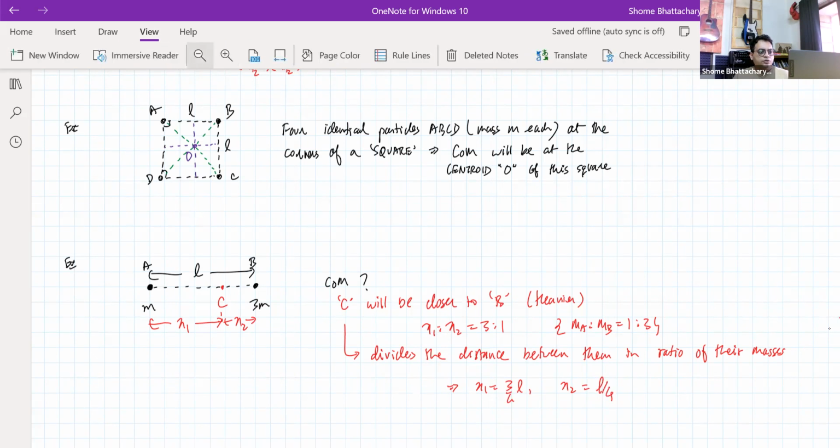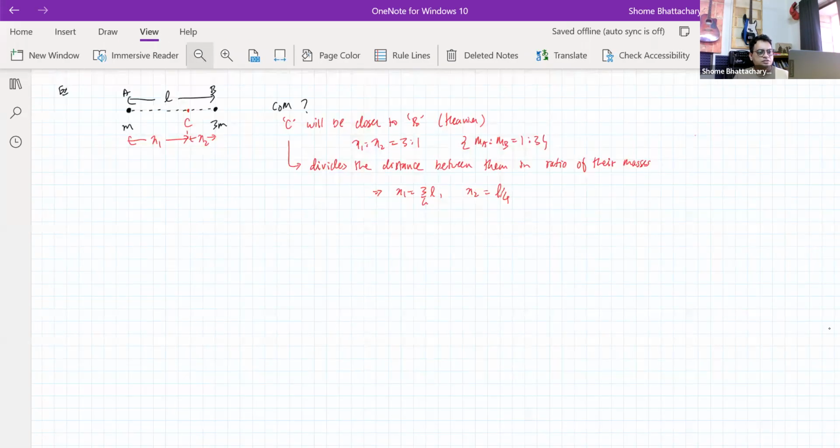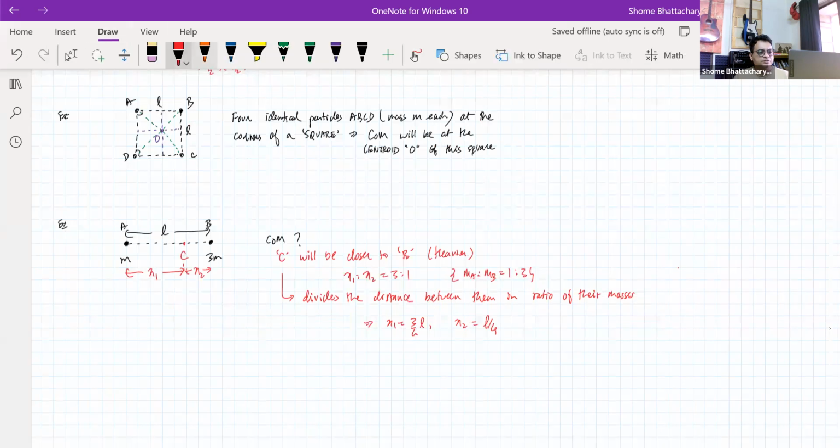Now from this, we will come to the general definition of the center of mass of discrete particle systems. We have seen the definition before, but we will now see a mathematical definition or a formula based on that. So, center of mass for discrete particle systems.